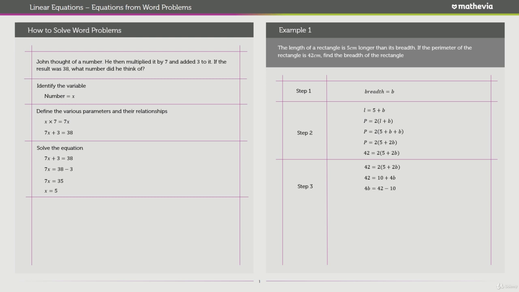If we simplify, moving our terms around so the variables are on the left and the numbers on the right, we end up with 4B equals 42 minus 10, so 4B equals 32. When you divide both sides by 4 you end up with B equals 8. Very simple, very straightforward. Let's move on.